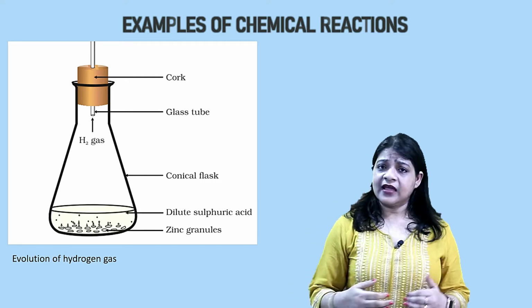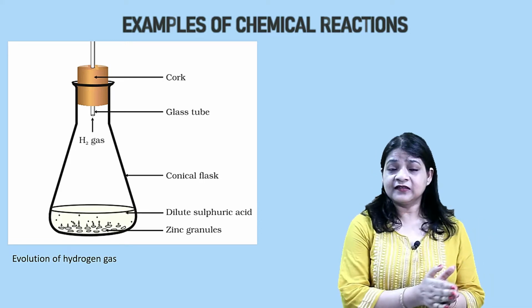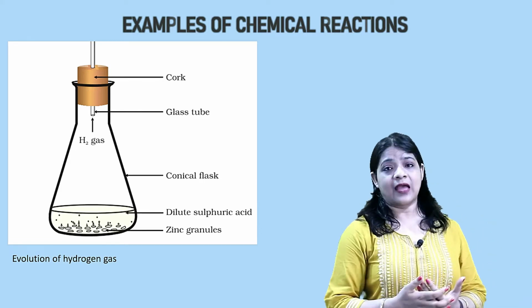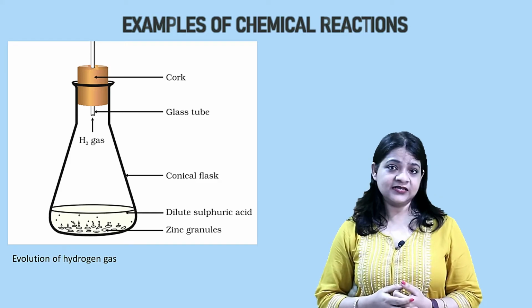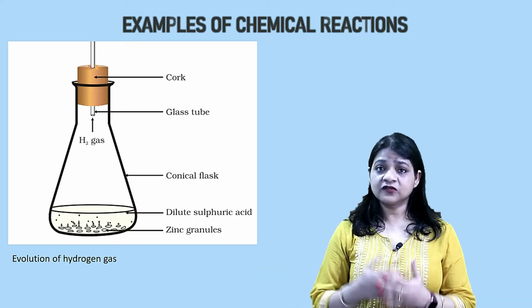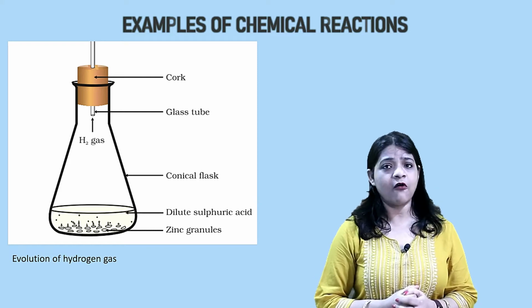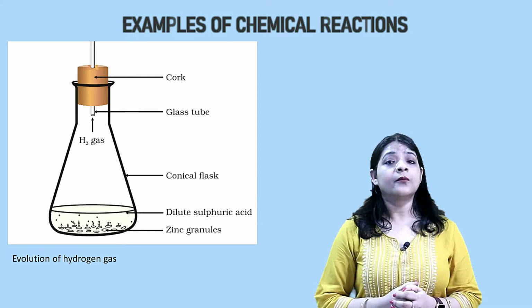So basically, the substances that take part in the chemical reaction are called reactants, and the finished products or the new substances that are formed are called products.